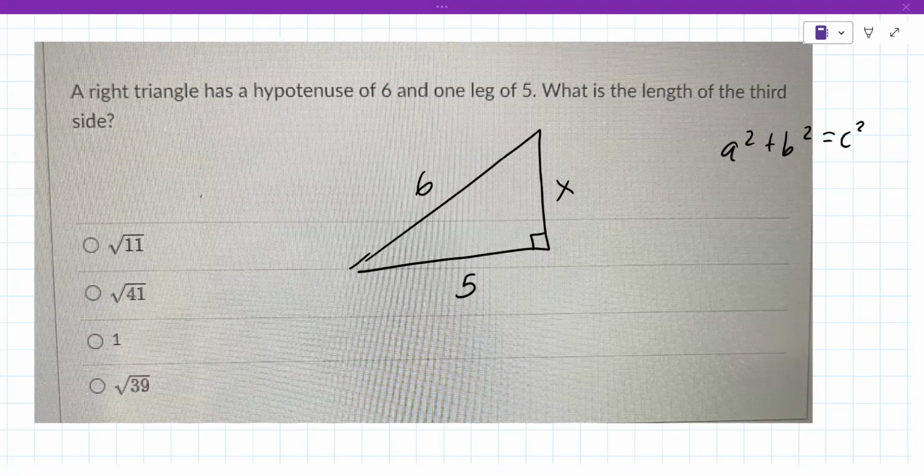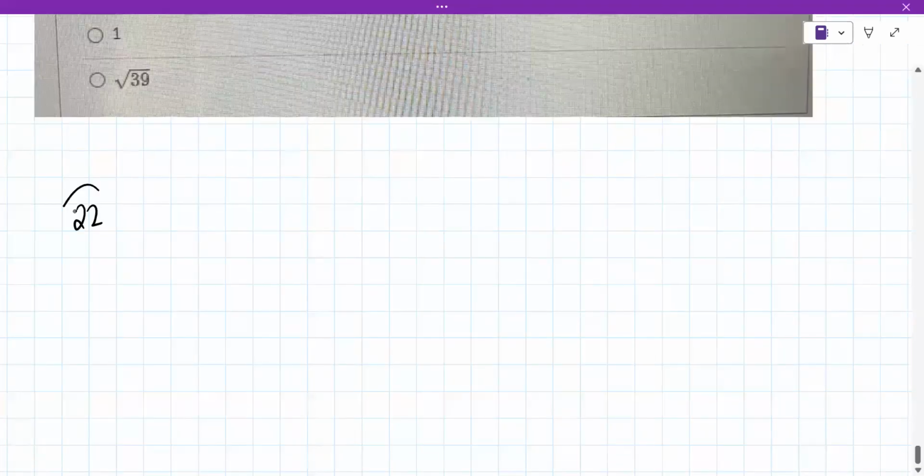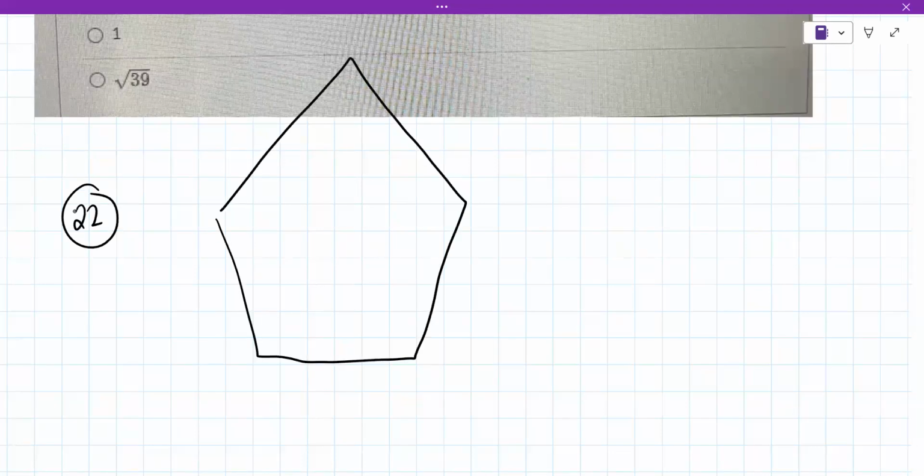What's the next problem you want us to look at? 22. Okay. So it looks like I'm going to have to hand draw a few of these. 22 is a regular pentagon, and they give you this distance right here. Do you remember what this is called, that it makes a right angle with the side? Apothem?